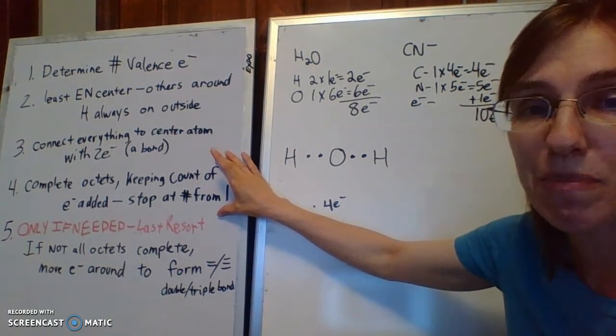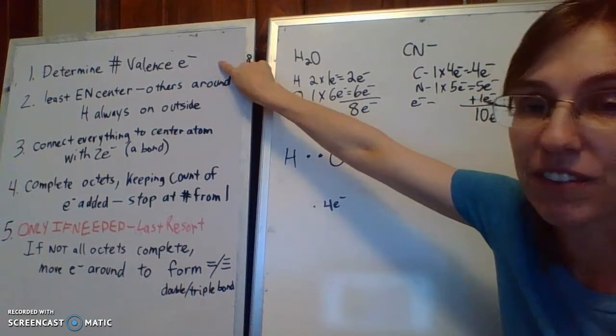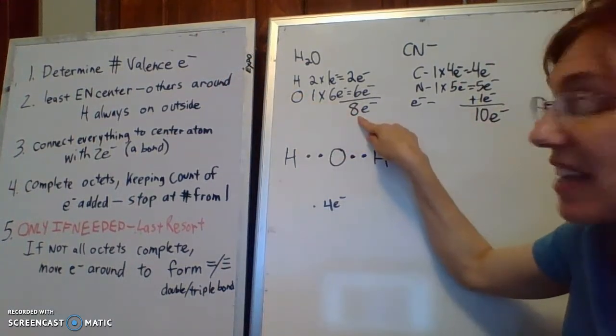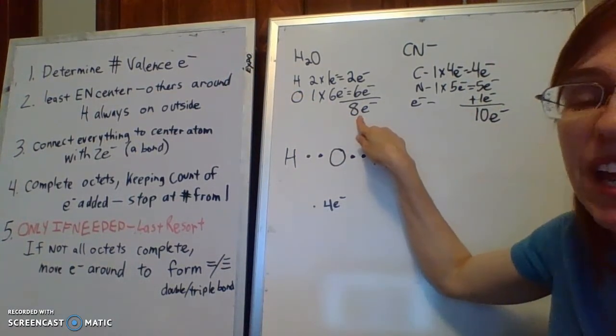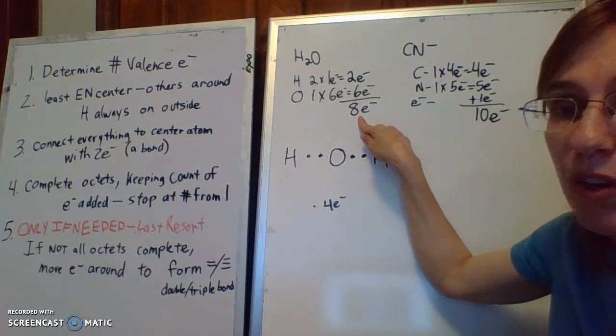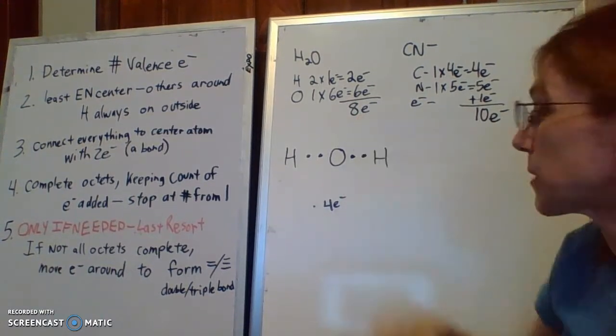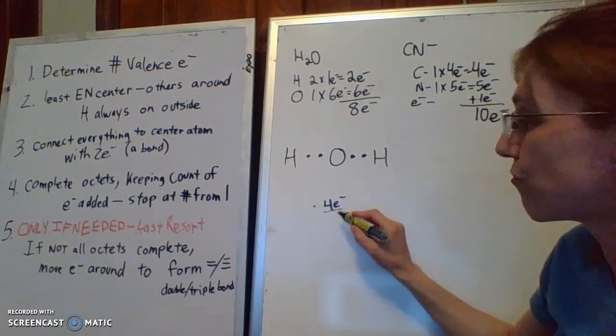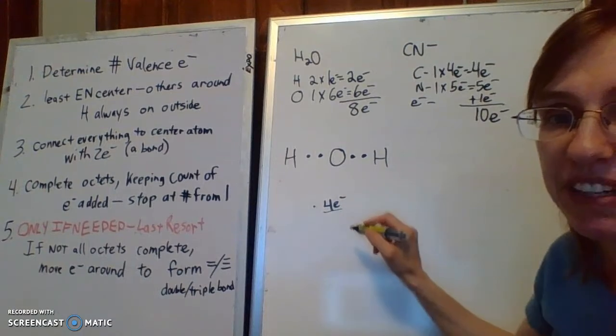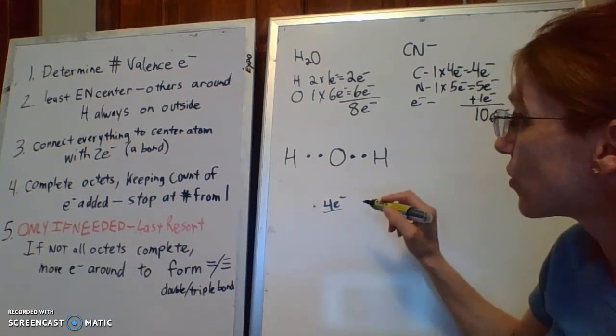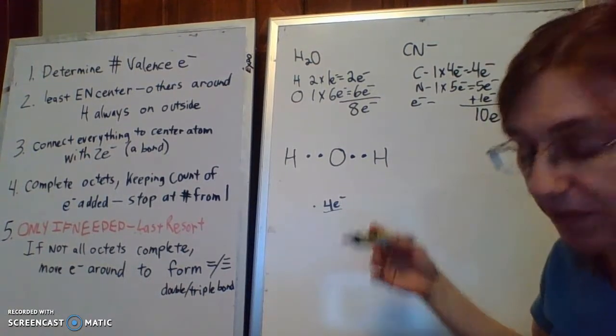You have to stop at the number you got up here for the valence electrons. So in this case, 8. We need to get up to 8 electrons in this figure, no more, no less. So we've already gotten 4 electrons in that figure just by connecting things up. So we've got 4 more we can add.